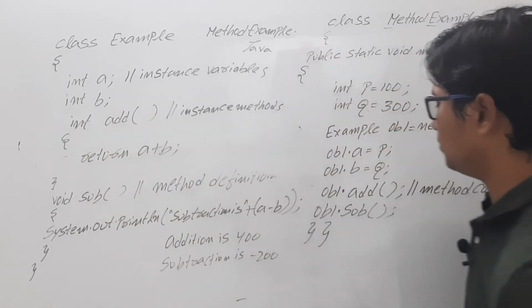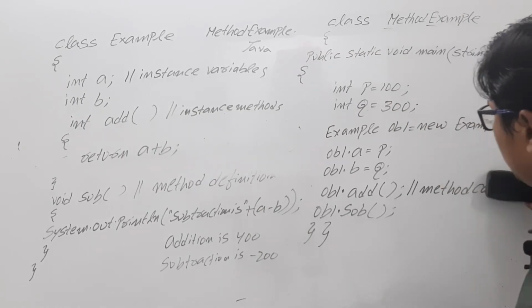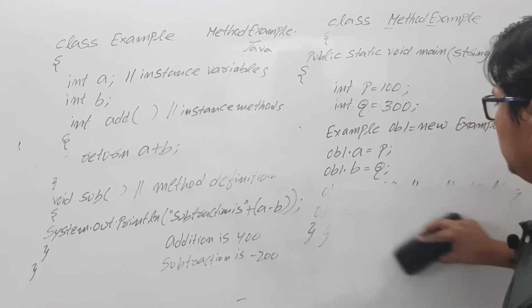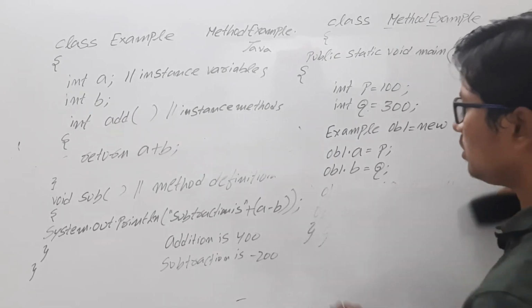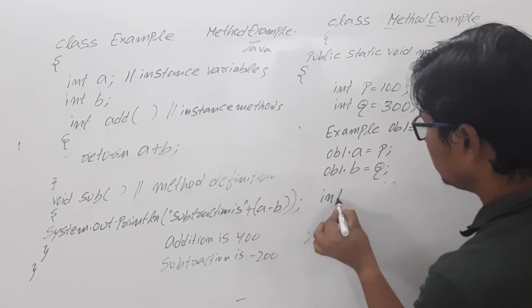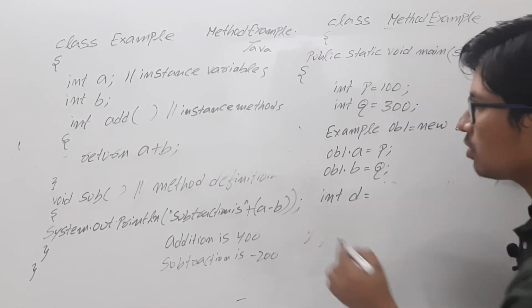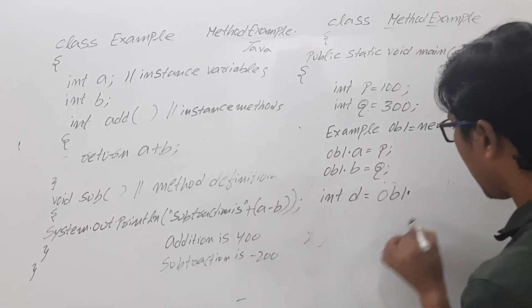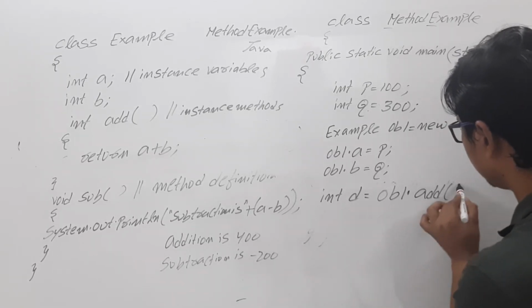In this case I will call the add method. I will write int d is equal to ob1.add. Then look at what will happen.